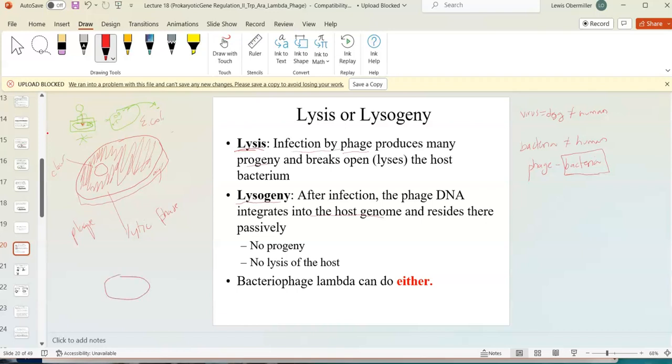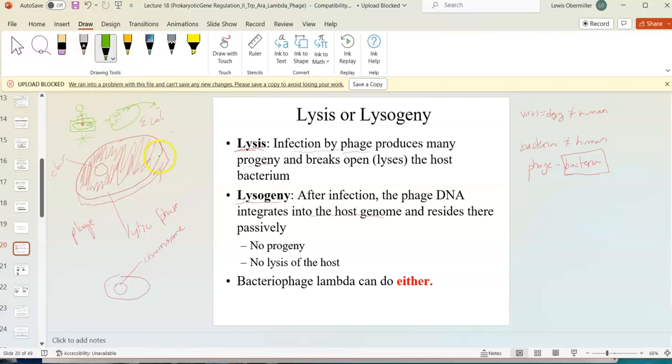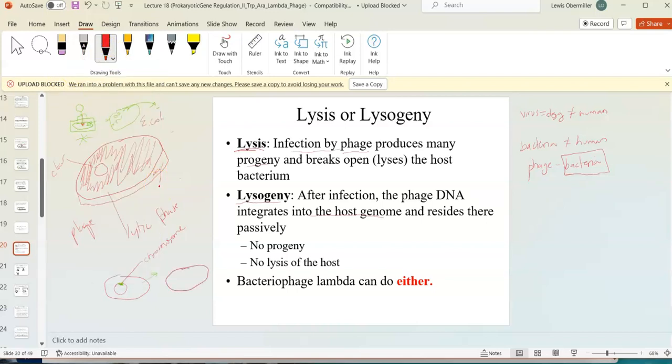Here's the chromosome for E. coli. This is its chromosome. And the phage DNA can insert itself in here. And then every time the bacteria copies itself, we get a new bacteria. It's just hanging out in the host.